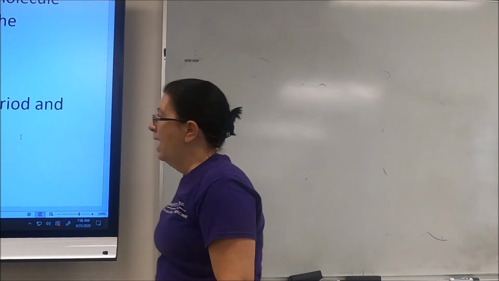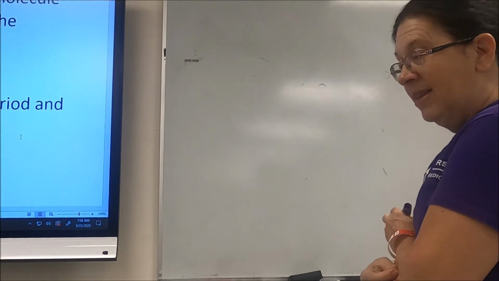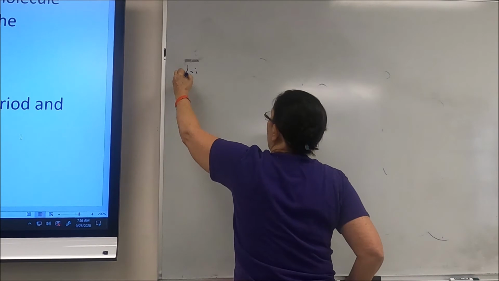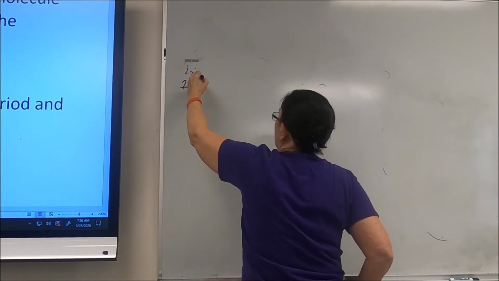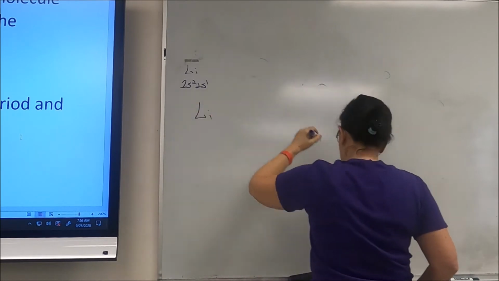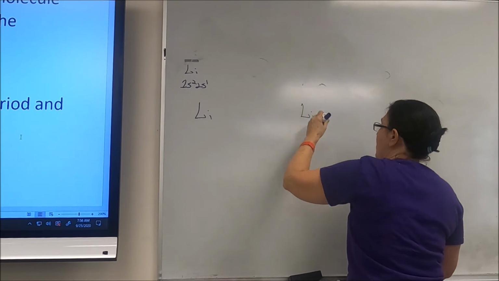Now, let's move on to lithium. And think about lithium because it's in the second period. Lithium's electron configuration is 1s2, 2s1. So lithium atom number 1, lithium atom number 2.